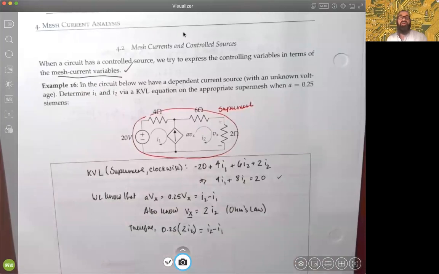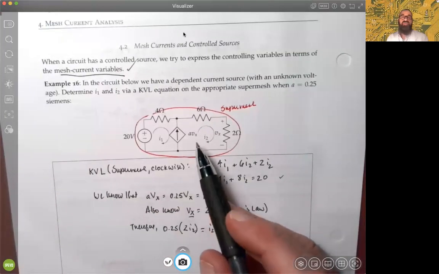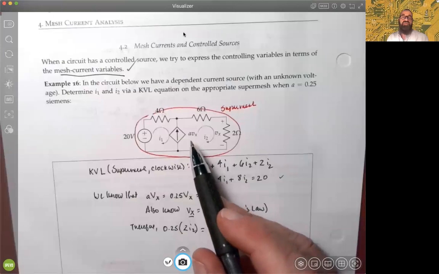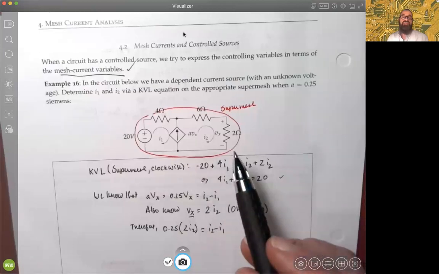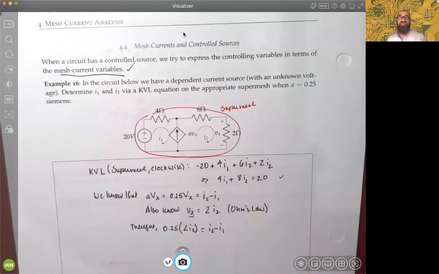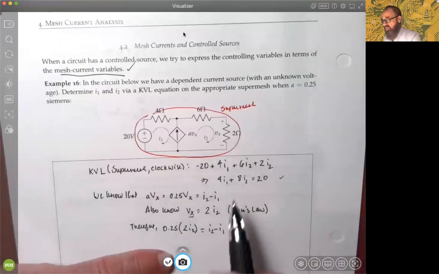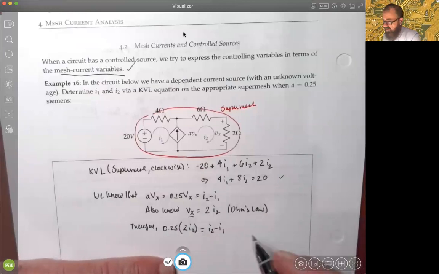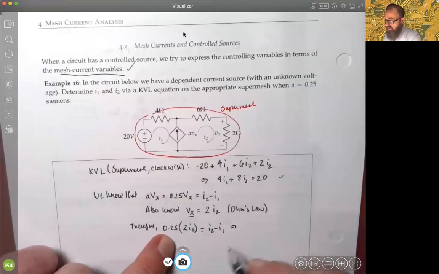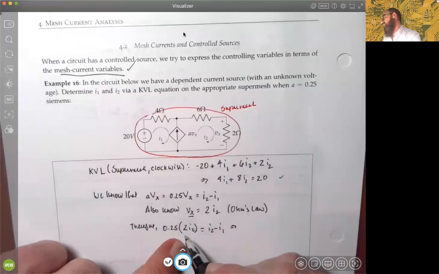So a couple of things in play. We have to get this current totally in terms of this dependent current, totally in terms of the mesh current. So no Vx terms can be remaining. And we've done that because of Ohm's law, right? So cleaning this up a little bit, that's 1/4 times 2.